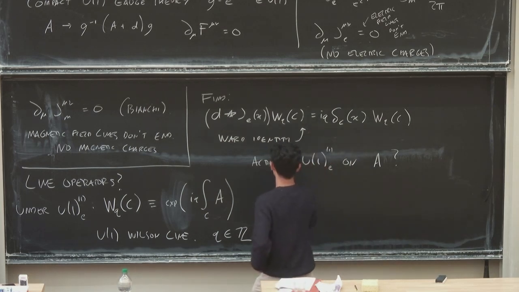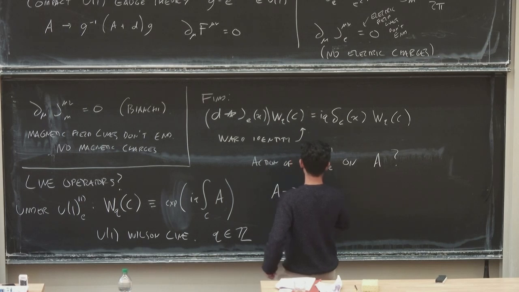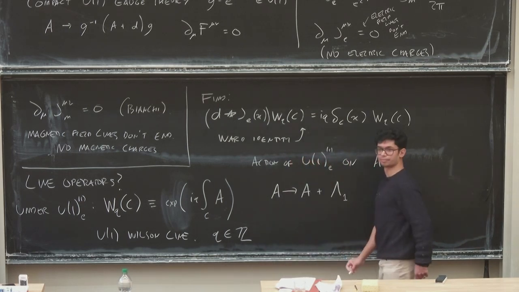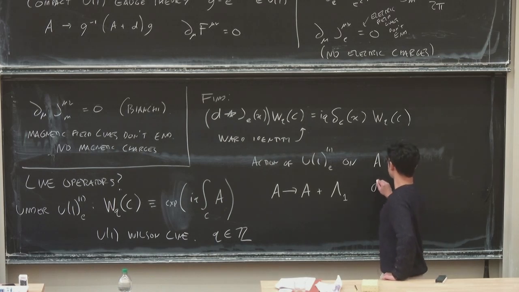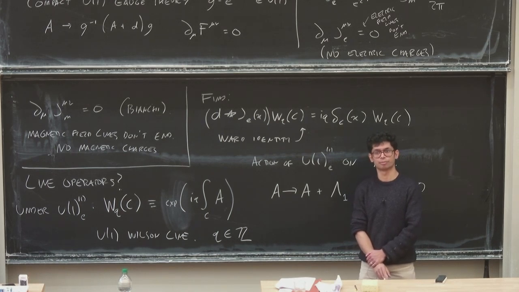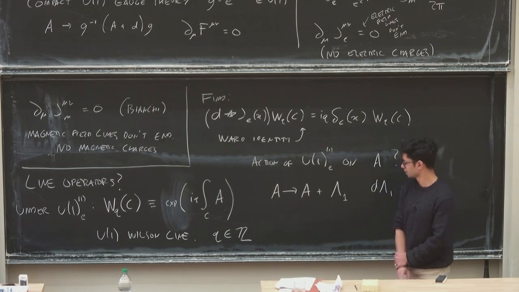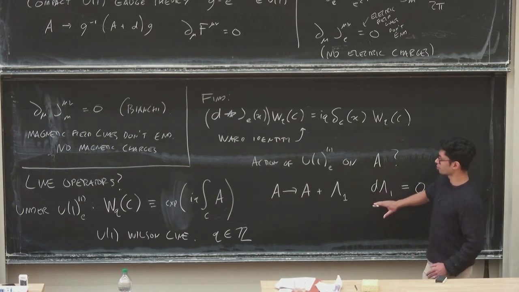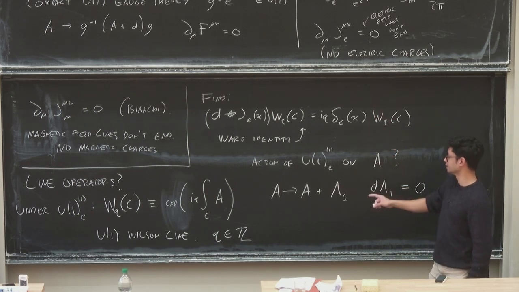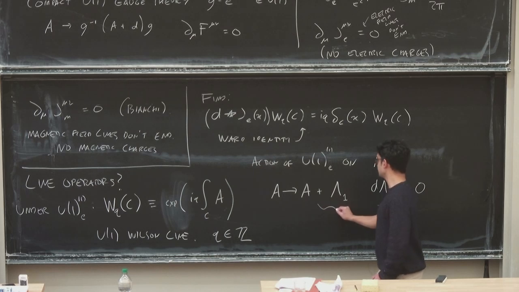You take A and you shift A by a one form lambda, where this one form is closed. d of the one form is 0. This operation clearly leaves invariant the action, because the action only cares about dA. This is a closed one form.